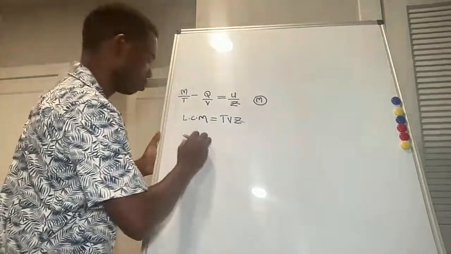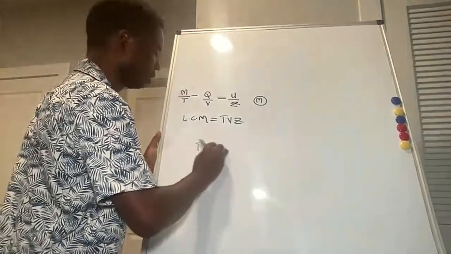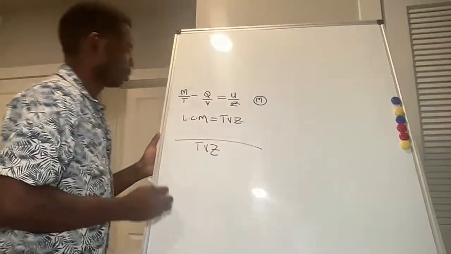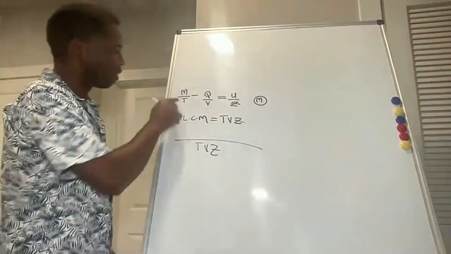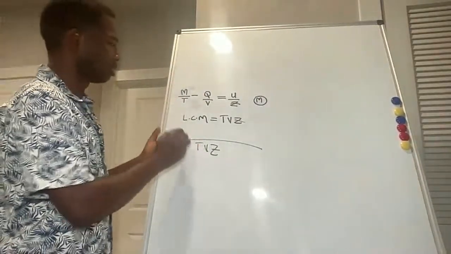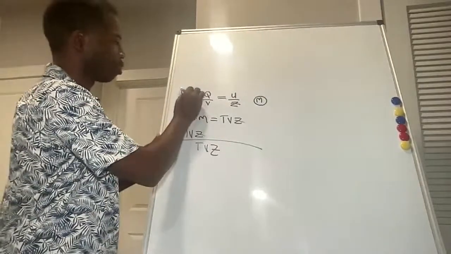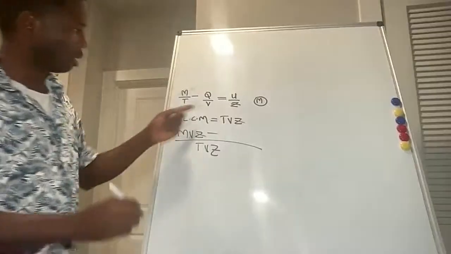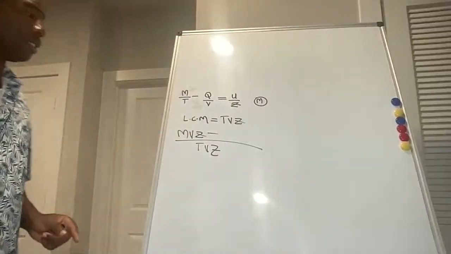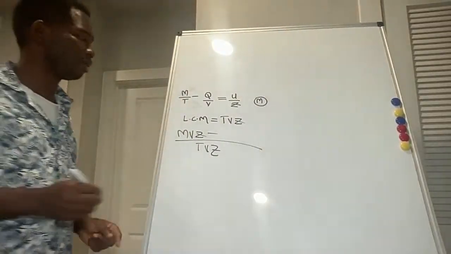So, let's go. TVZ divided by T will give you VZ, so MVZ. What is your sign here? Minus. V divided by TVZ is going to give you TV.